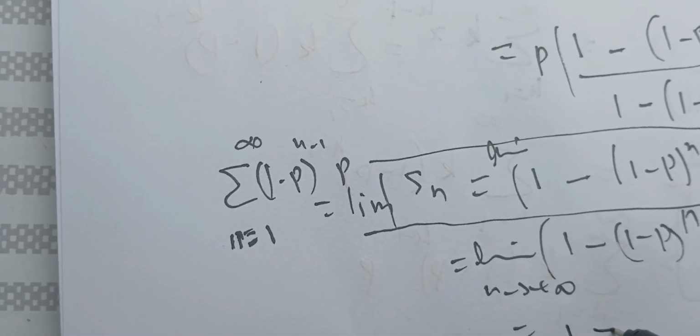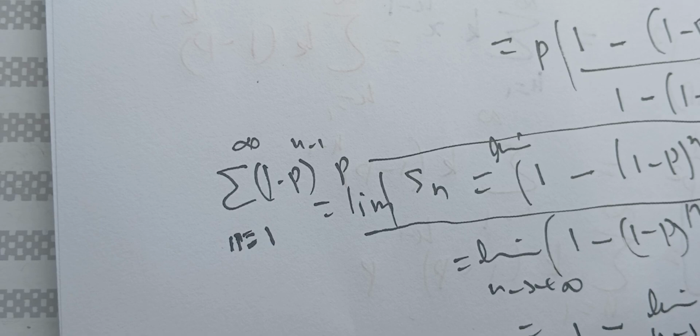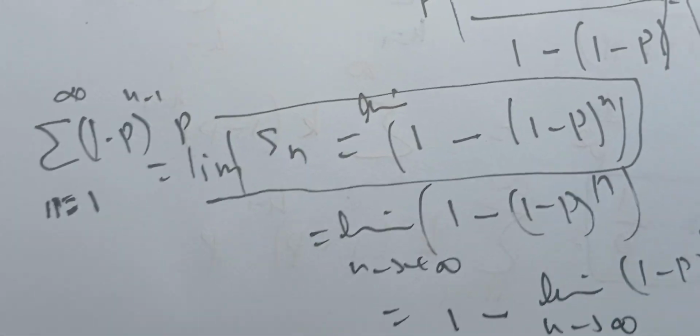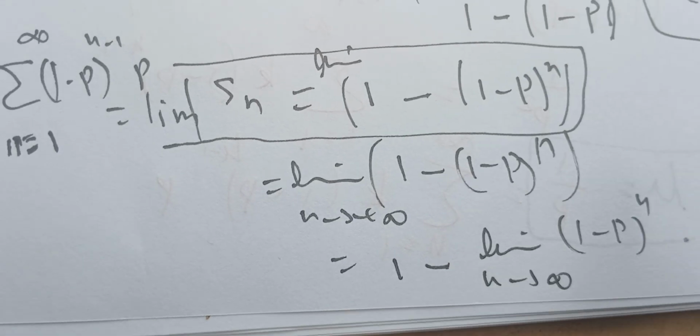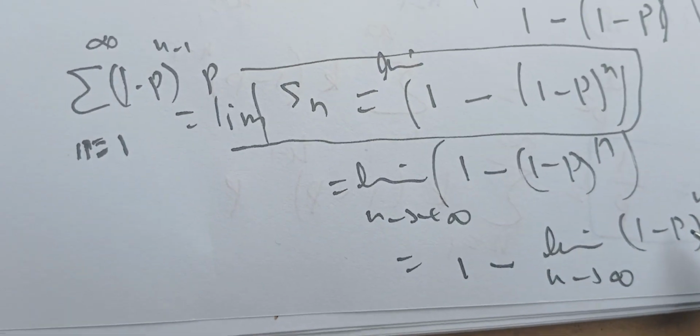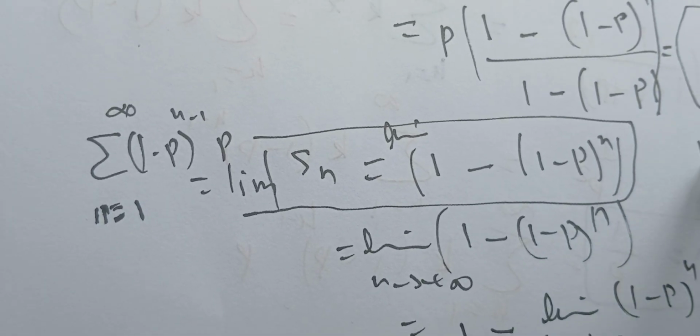I have 1 minus the limit of (1 minus p) to the power n as n goes to infinity. Here 1 minus p is between 0 and 1; when p is 1, it's 0, so we exclude the case when p is 1.